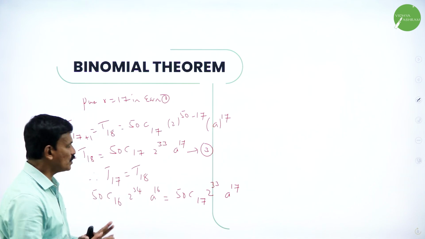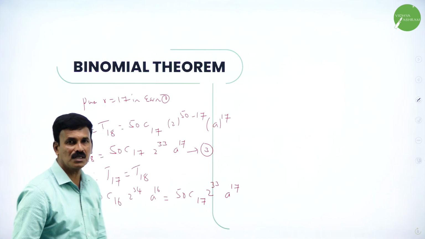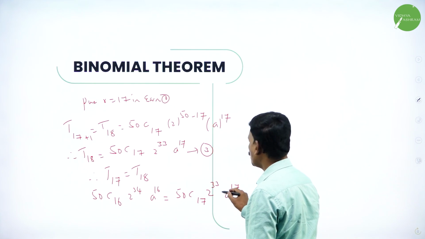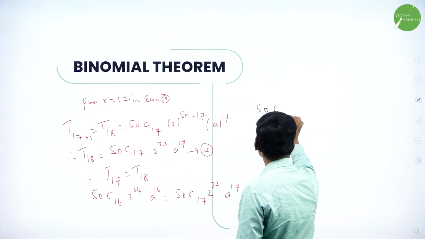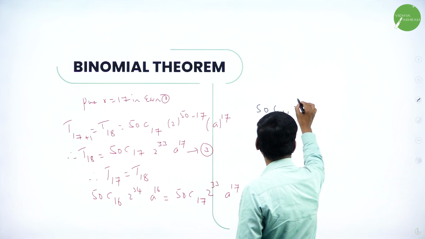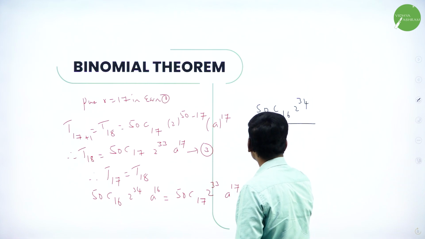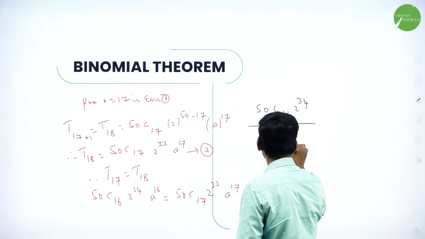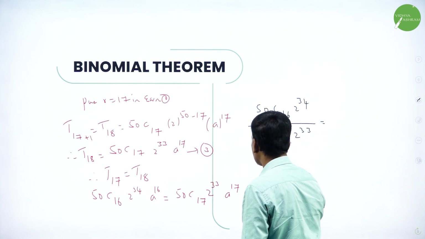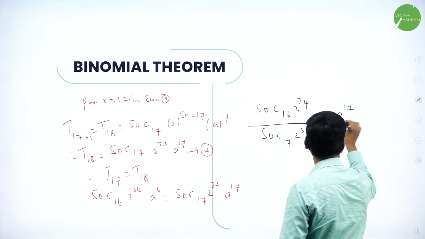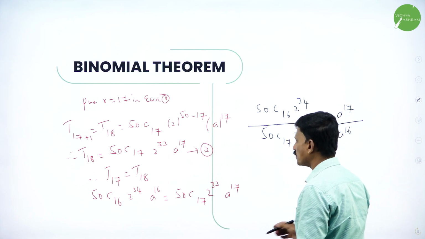So, if these two are equal, just find out the value of a, that's it. Now, just find out this 50C16 into 2 to the power of 34 divided by 50C17, 2 to the power of 33 is equal to a to the power of 17 divided by a to the power of 16.